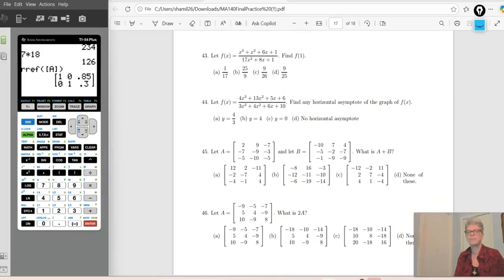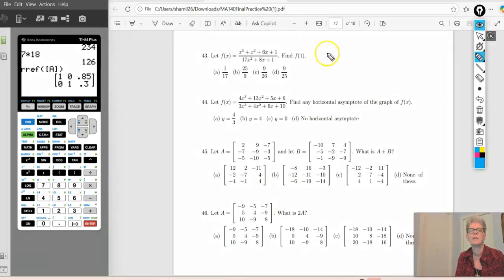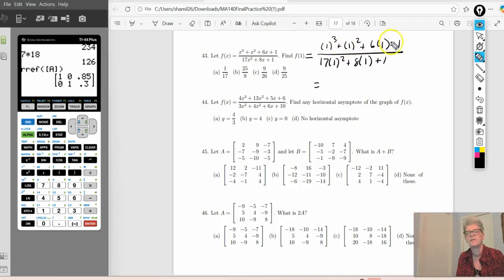Well, that one you just plug in 1. So f evaluated at 1, everywhere there's an x, you replace it with a 1. Now, 1 cubed is 1, so I'm going to have 1 plus 1 plus 6 plus 1, and that's going to give me 9.